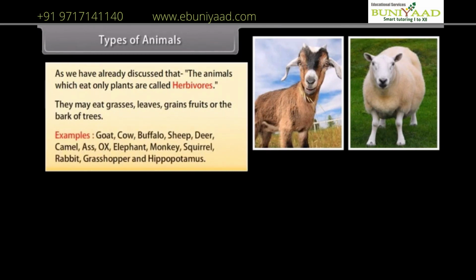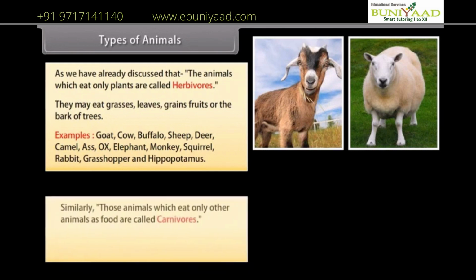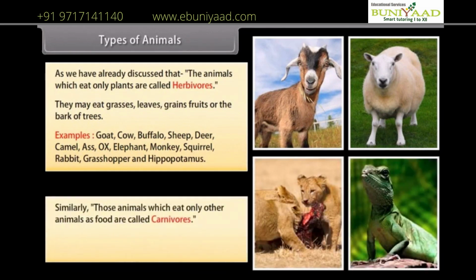Examples: goat, cow, buffalo, sheep, deer, camel, ass, ox, elephant, monkey, squirrel, rabbit, grasshopper, and hippopotamus. Similarly, those animals which eat only other animals as food are called carnivorous.